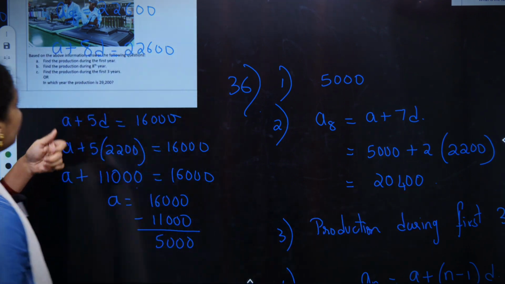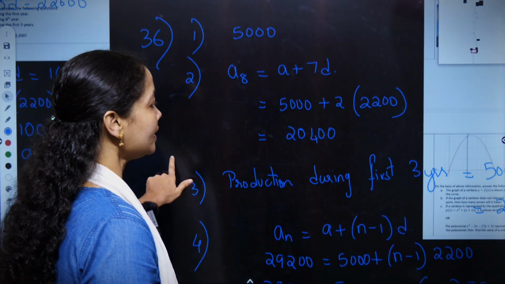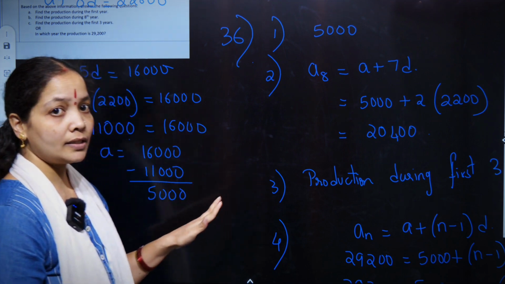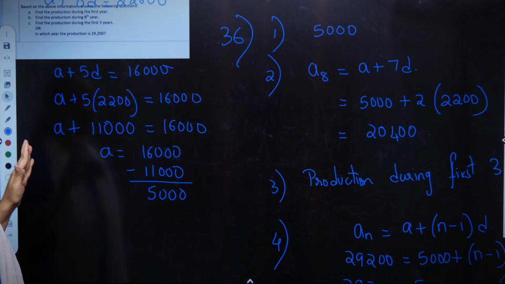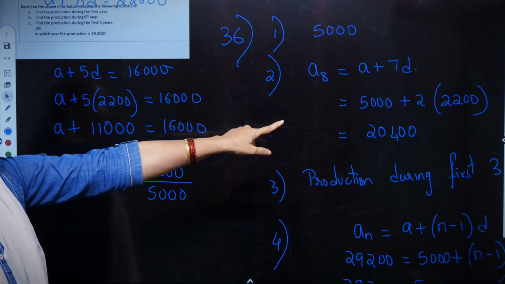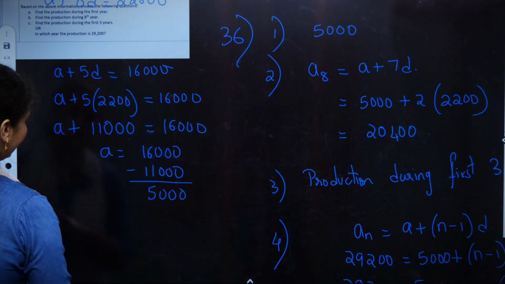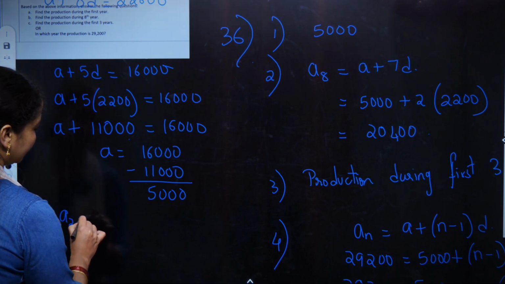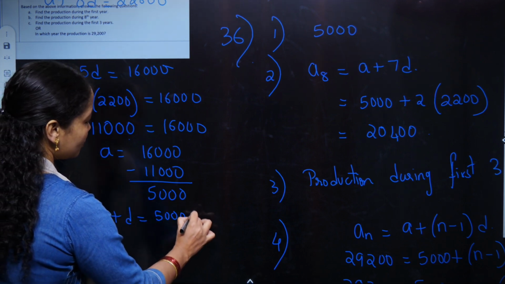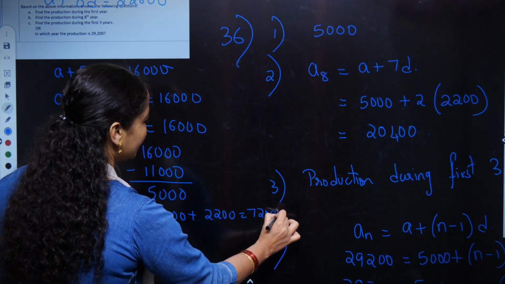My third question was, find the production during the first 3 years. I have to add up the first term, the second term and the third term. My first term was 5,000, common difference was 2,200. My second term, A2, will be A plus D, which is 5,000 plus 2,200, that is 7,200.